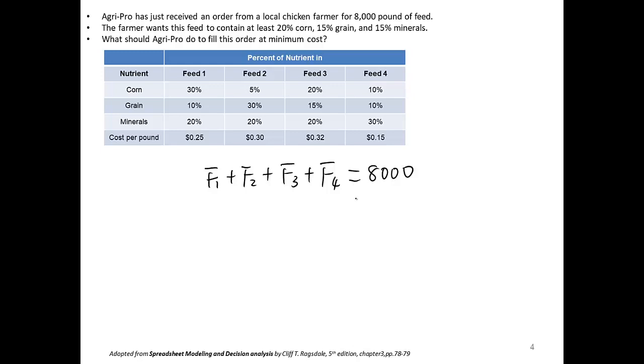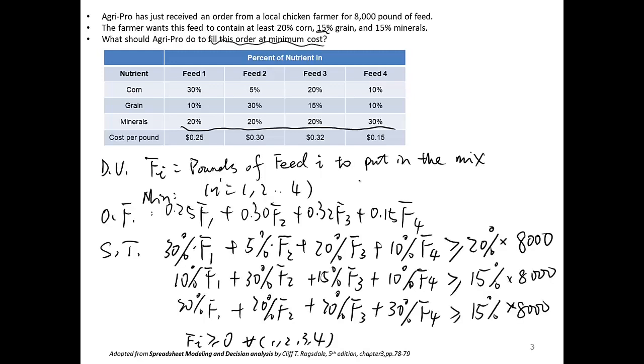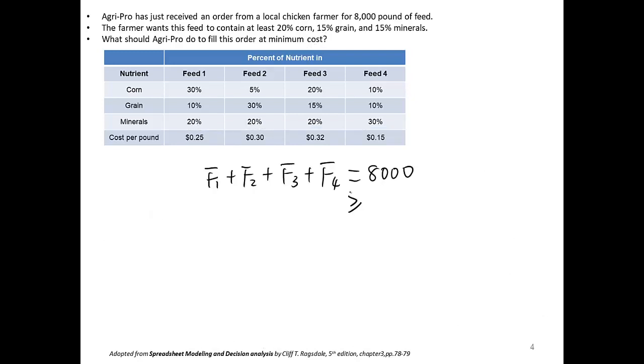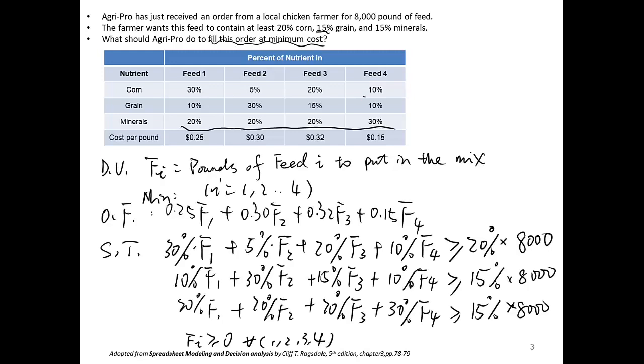Or we can do greater than or equal to, because our objective function is to minimize the total cost. It won't put more than needed, right? So putting this as greater than or equal to will give you the same value as equal to. Okay, so that's the constraint.